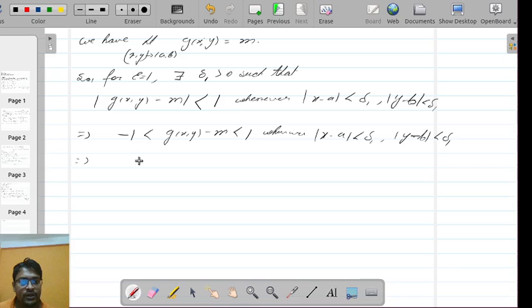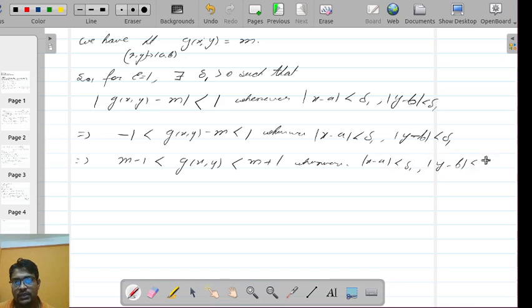So from here we can get an idea: m minus 1 is less than g of xy less than m plus 1. So g of xy lies between m minus 1 and m plus 1 whenever mod of x minus a is less than delta 1, mod of y minus b is less than delta 1.